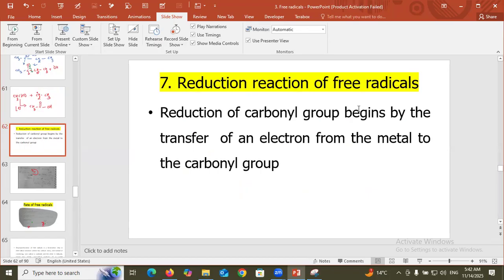Reduction reaction of free radicals: reduction of carbonyl groups begins by the transfer of an electron from the metal to the carbonyl group.